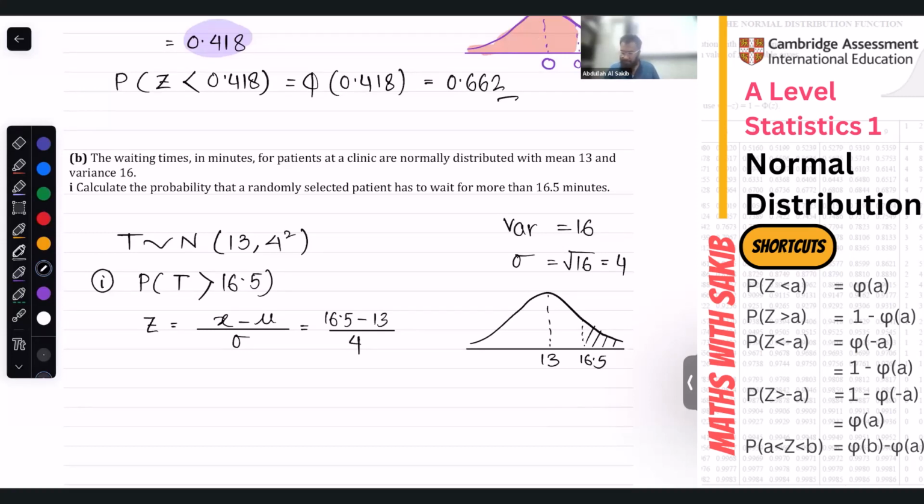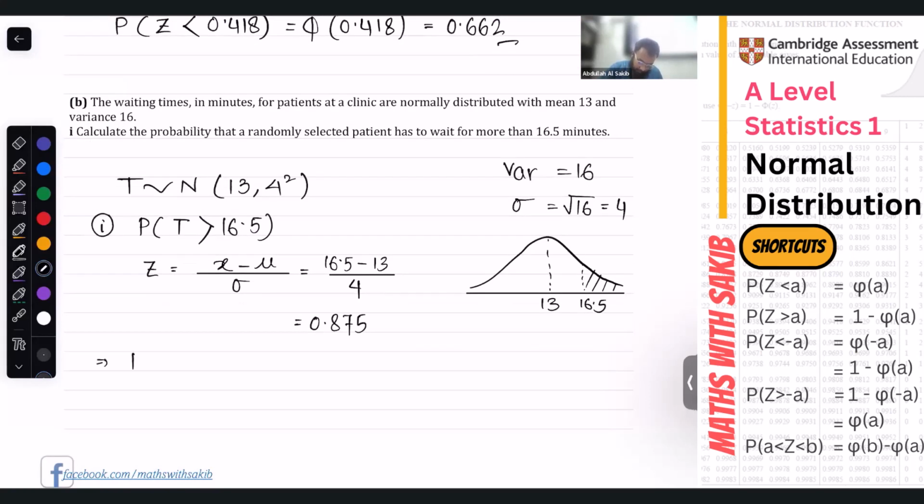So z equals 16.5 minus 13 divided by 4. So that is 0.875. So we need to find the probability that z is more than 0.875.